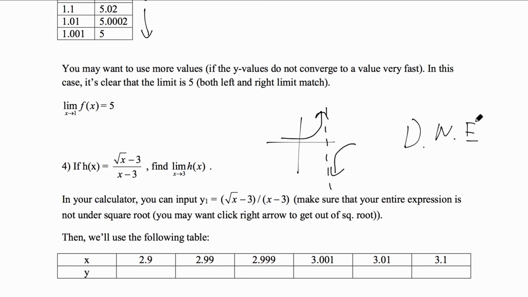Now, what if we ask the same question, but if this was a graph and let's say they were both approaching the same infinity, maybe positive infinity. So if you can kind of tell, both sides are going up. So the limit, if I can write it, limit as x approaches a certain value, it's always attached to a function, would be positive infinity.